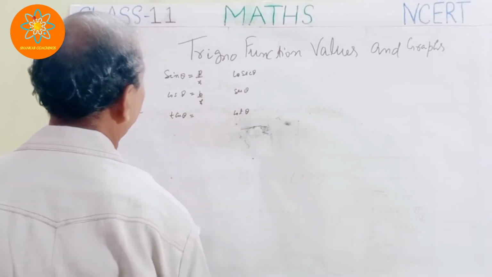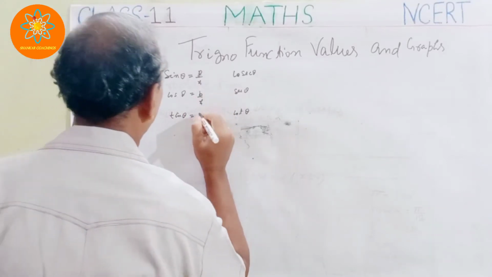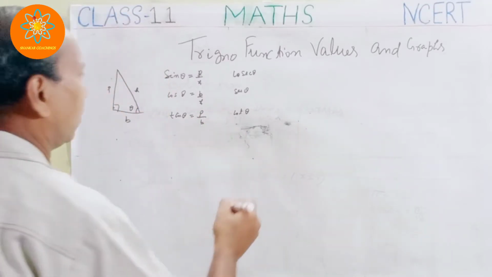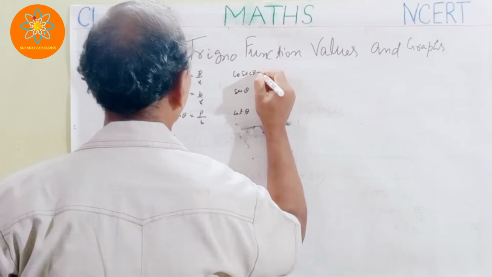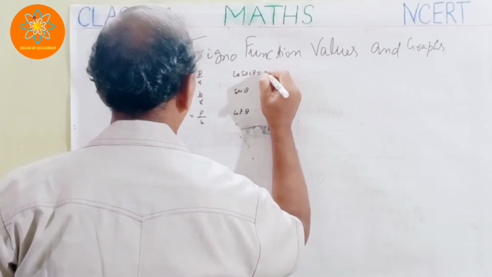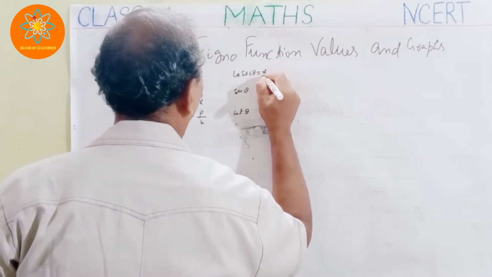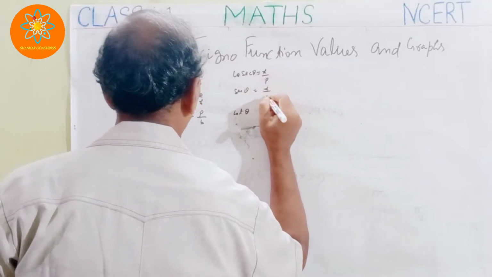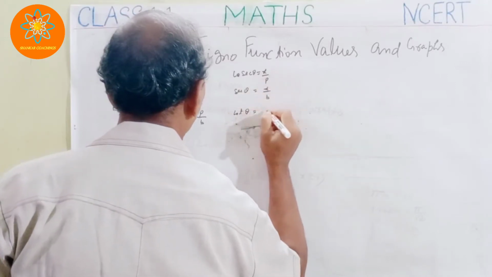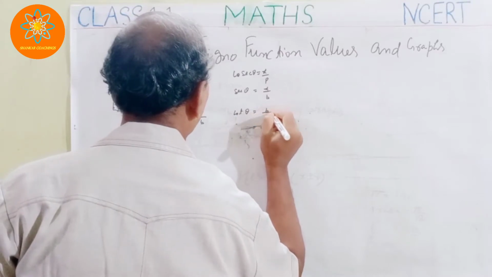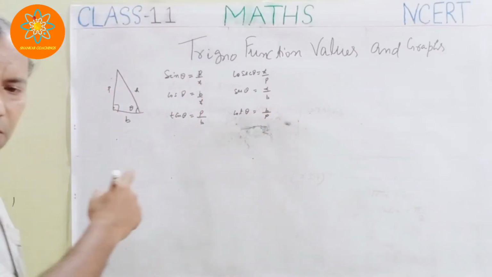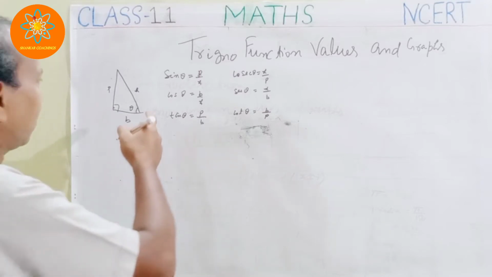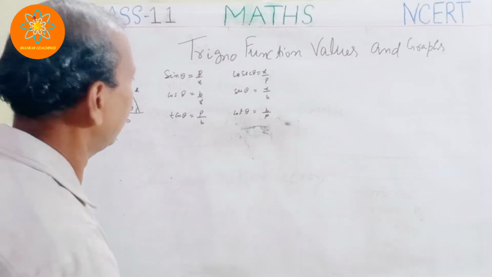Similarly, the tangent of theta is p by b. Cosec theta is equal to h by p, sec theta is equal to h by b, and cot theta is equal to b by p.